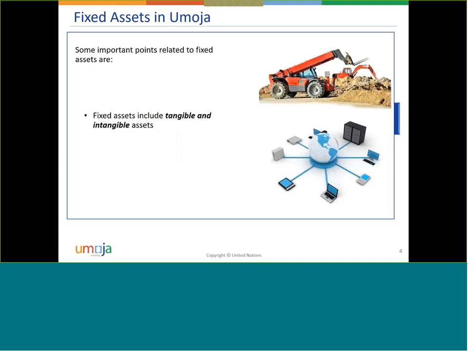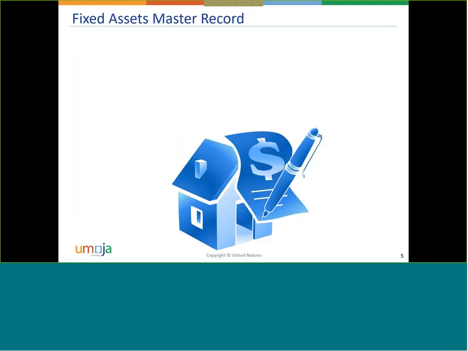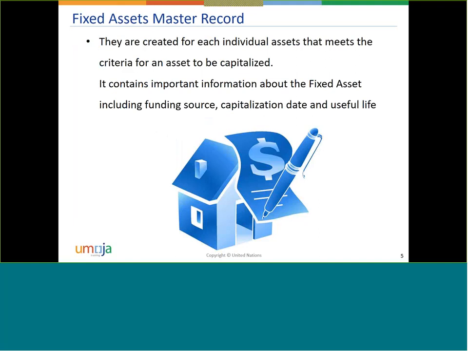Then regarding constructions, that slide is the same as for fixed assets. The fixed asset master record, as we were discussing this morning, is master data created for each individual asset that meets the capitalization criteria, and it contains information about the fixed asset, including funding source, capitalization date, useful life, etc.